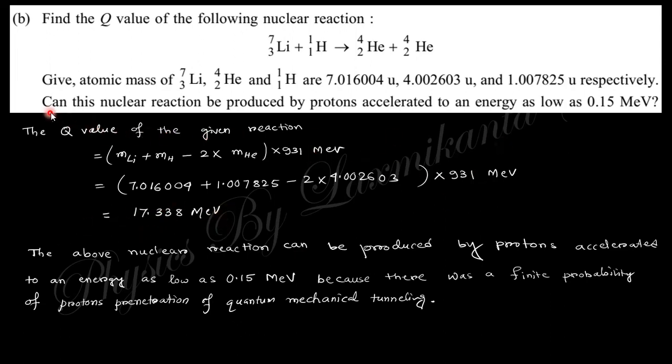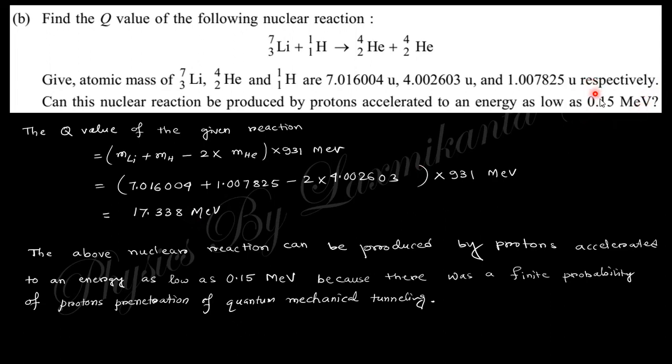Now the next question says, can this nuclear reaction be produced by protons accelerated to an energy as low as 0.15 MeV? So you can see the Q value of this reaction. That means for the reaction you require this amount of energy.